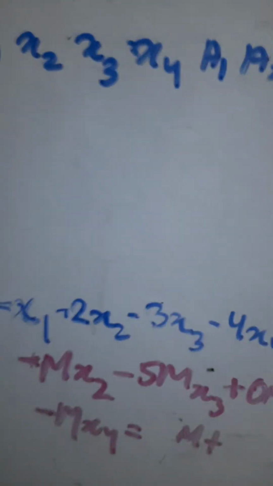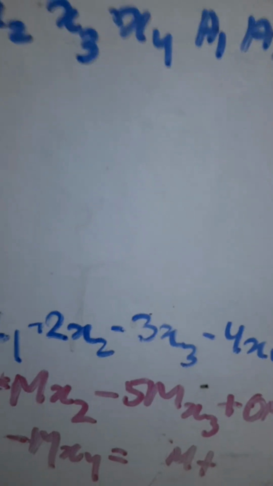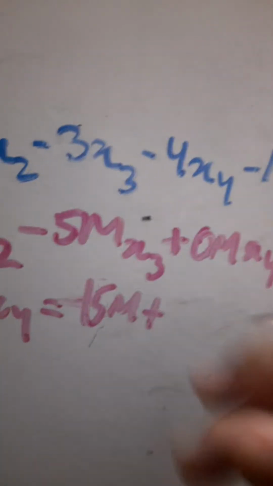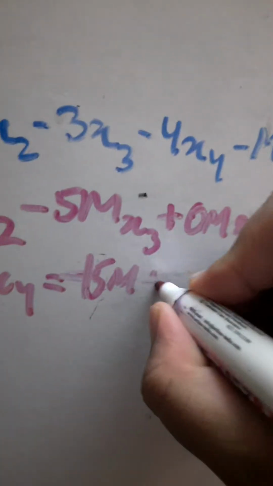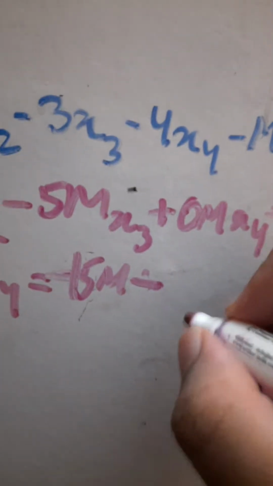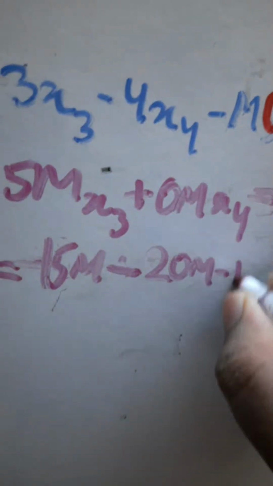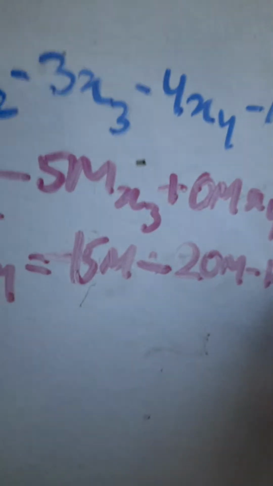Yeah, this should become minus 15m. Wait a second. How is this happening? Okay, cool. Minus 15m minus 20m minus 10m. Okay. Yeah.